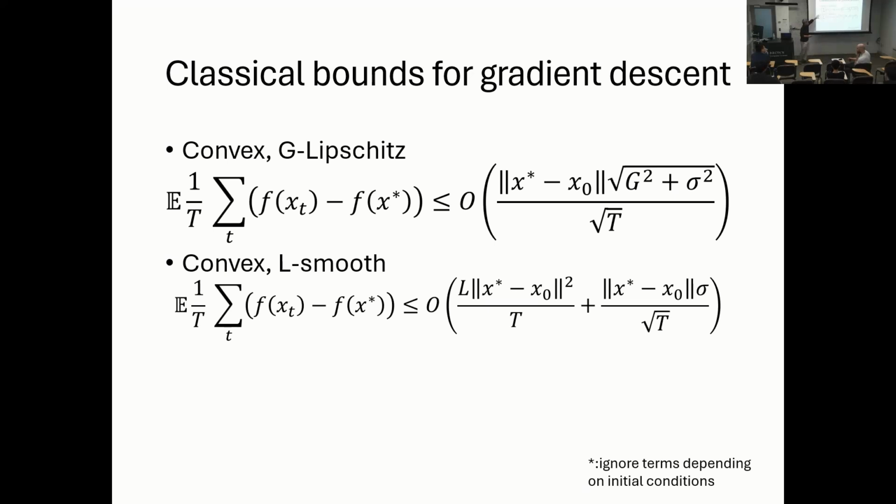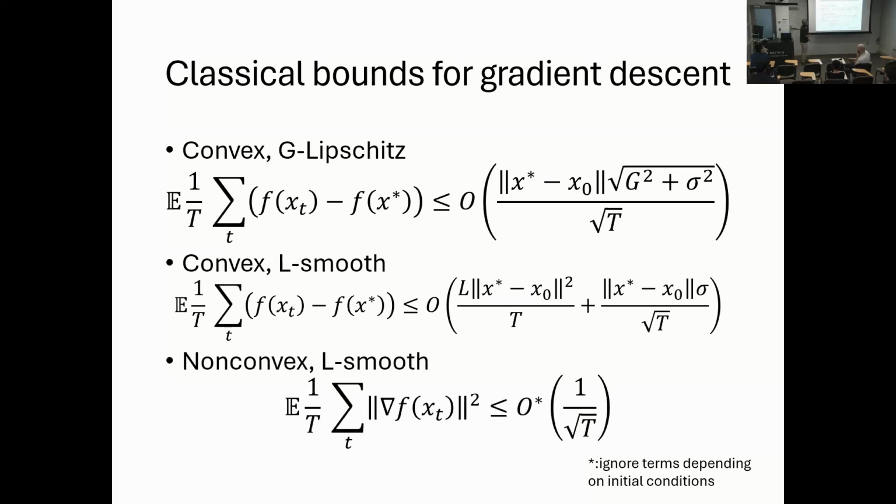This again is the classical in-expectation bound for both of these. And finally, if you have a general function with no convexity assumption, and the goal is just to find a point with small gradient, then of course you need some kind of smoothness assumption, because maybe there's no point where the gradient is 0. You could have a function, for example, f(x) equal to the absolute value of x.